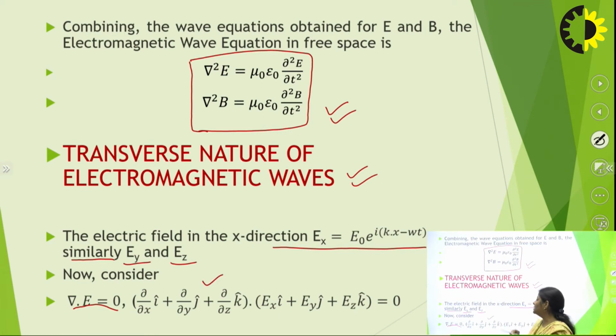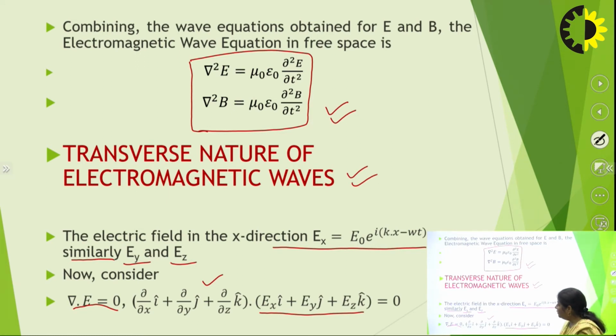This is the divergence operator. All right. Here we have the electric field with all the three components Ex, Ey and Ez. So this divergence operator is going to be applied on this electric field, component wise.